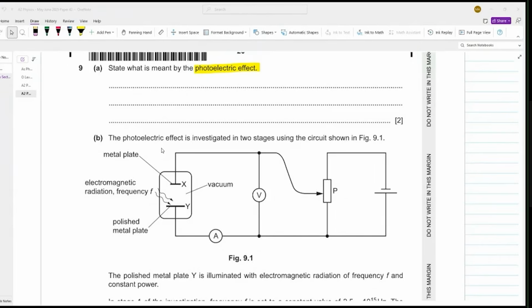Emission of electrons from a metal surface when electromagnetic radiation with a frequency greater than the threshold frequency is incident on the surface.